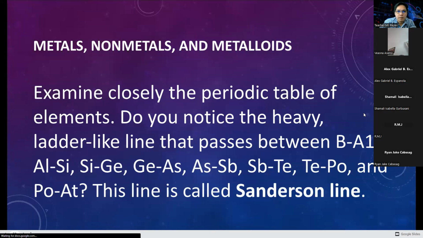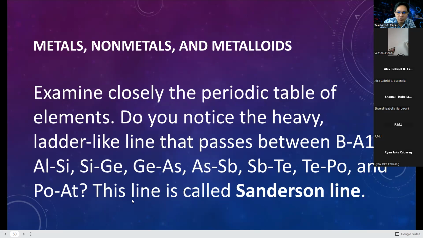Metals, nonmetals, and metalloids. So examine closely the periodic table of elements. Do you notice the heavy ladder-like line that passes through between B and Al? This is boron, Al. Okay, boron to aluminum, aluminum to silicon, silicon to germanium, germanium to astatine, and so on.